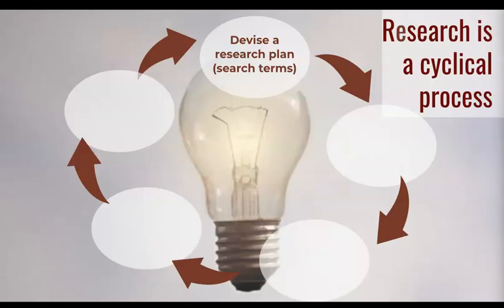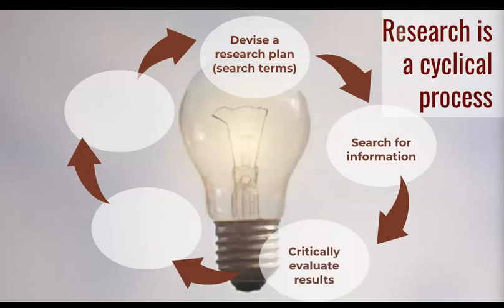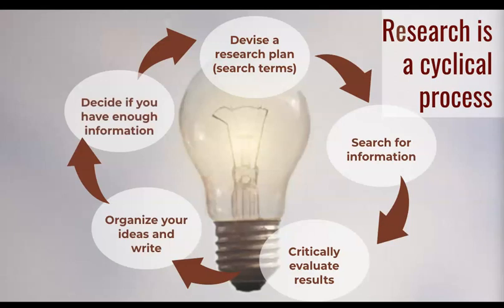You might have heard people say that research is a cyclical process. By that I mean you're going to start with coming up with a plan, your research questions and search terms, and then you're going to be searching. As you search, you're going to be critically evaluating the results and deciding if they're worth including in your paper or not. And then you're going to be organizing and writing your ideas and determining if you have enough information.